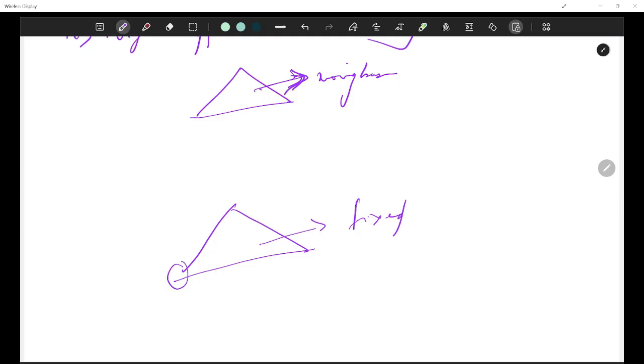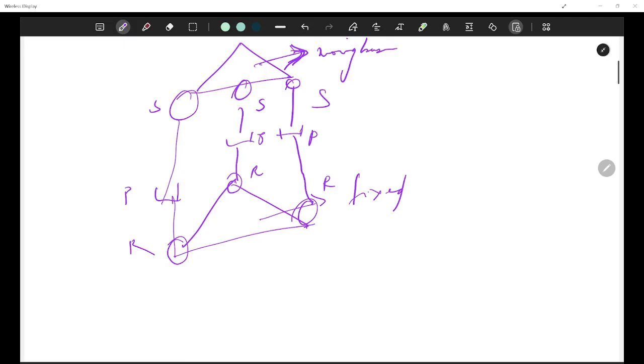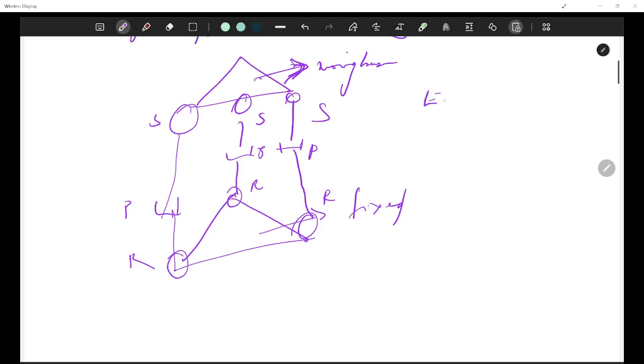Here is a rotary joint, then a prismatic joint, and then a spherical joint. Similarly for these legs also they have the same thing, RPS, and here also they have RPS, prismatic, and then this is RPS. Okay, so what does each leg have?